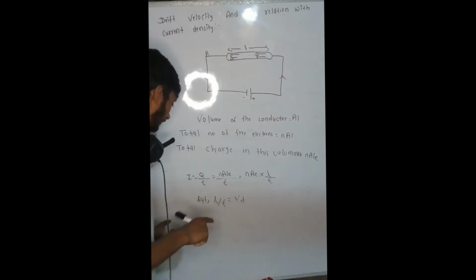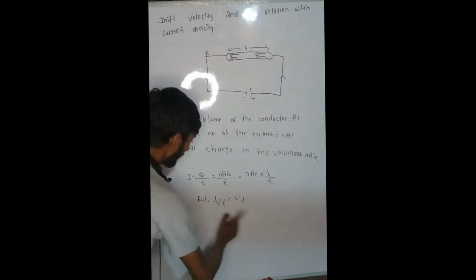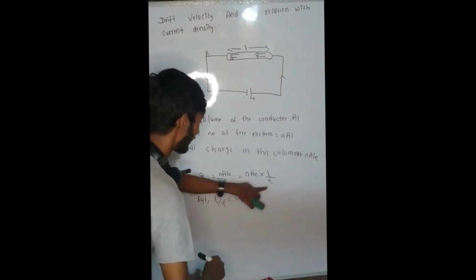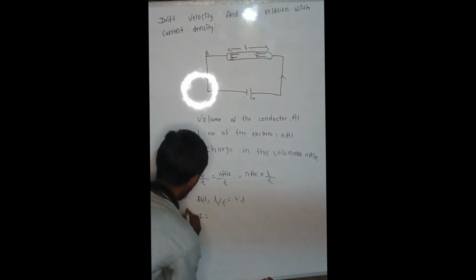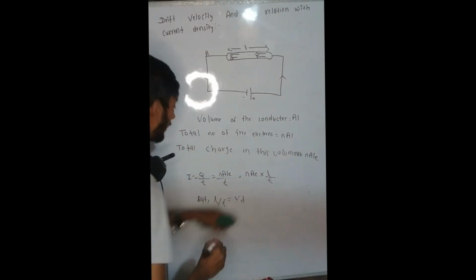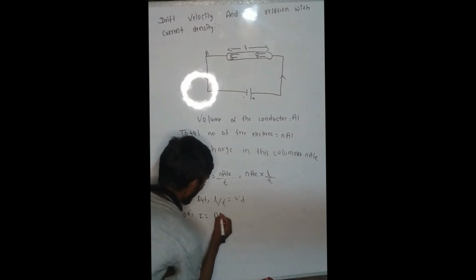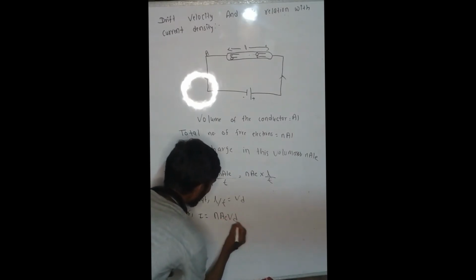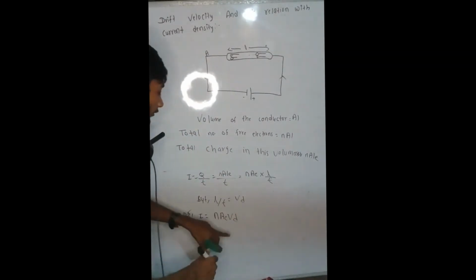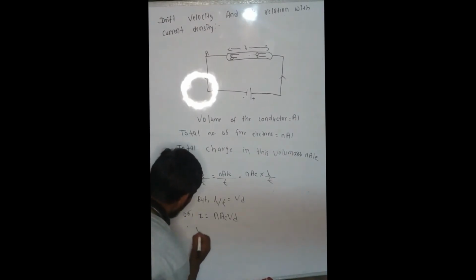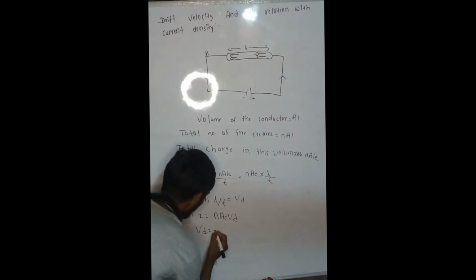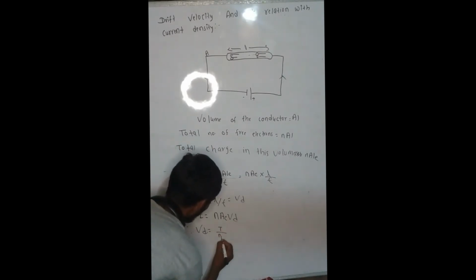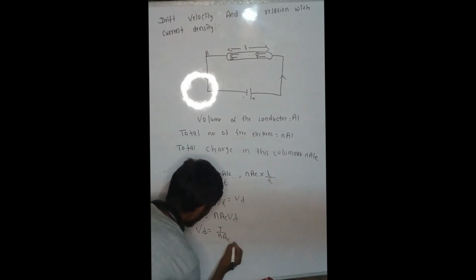Now let's move on. We can write L by t equal to Vd. So I equals nAeVd. Therefore Vd equals I upon nAe.